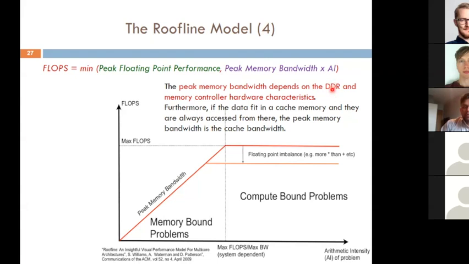That is the default. But what happens if we can keep our data in the cache? Then peak memory bandwidth is going to be the cache bandwidth, and at that point we can improve the performance as well.